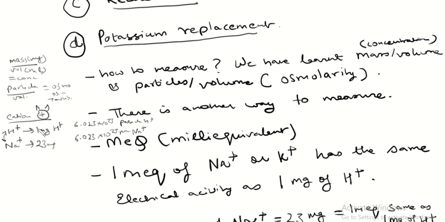And what we say is that 1 milligram of hydrogen gives me 1 milliequivalent of electrical activity. So sodium, 23 milligrams, gives me the same electrical activity as 1 milligram of hydrogen ion, which is the same as 1 milliequivalent. You with me on this? So essentially, it's a way to see how much mass of the cation has the same electrical activity as a hydrogen ion.